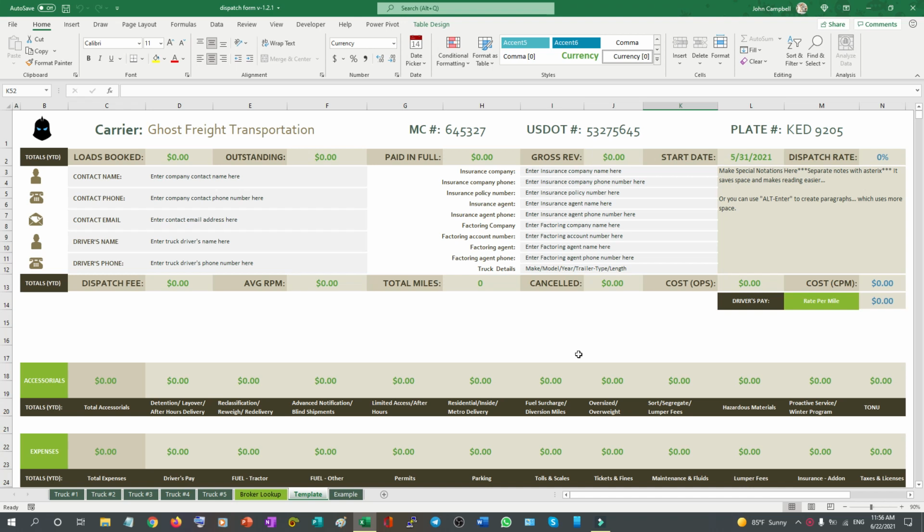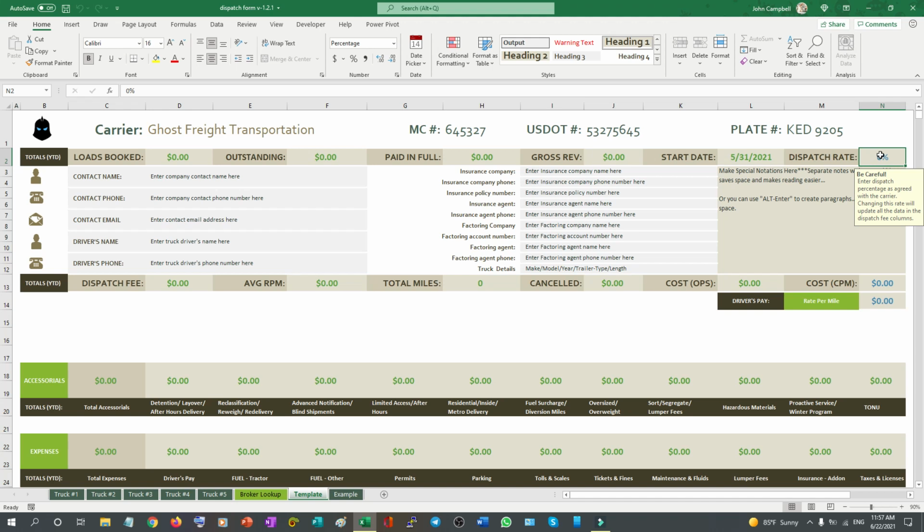Alright, so as soon as you start using your dispatch form, there are three foundation figures that you need to enter. The first one is dispatch rate. It's right here at the top of the form. This is where you put in the percentage that, if you're a dispatcher, you charge owner operators for dispatching your trucks.